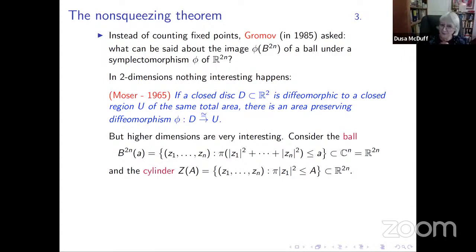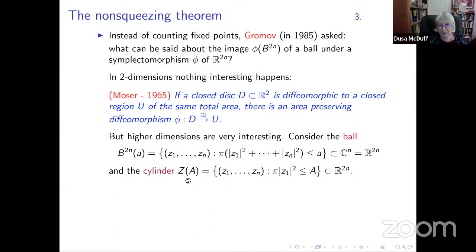But in higher dimensions, the question becomes very interesting. So Gromov looked at the situation where you take a ball, which is the simplest shape you could start with as your thing you're trying to map in. And then he looked at a cylinder. I'm writing in complex coordinates, but you restrict the first complex coordinate to lie in a disk of radius A, but otherwise everything is unconstrained.